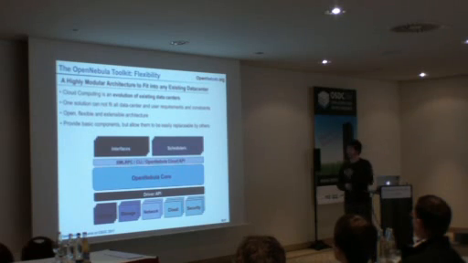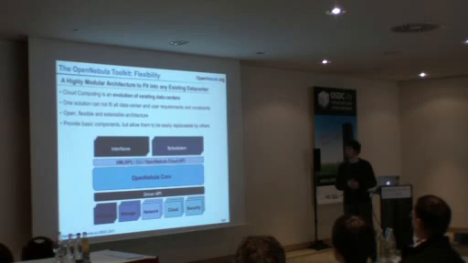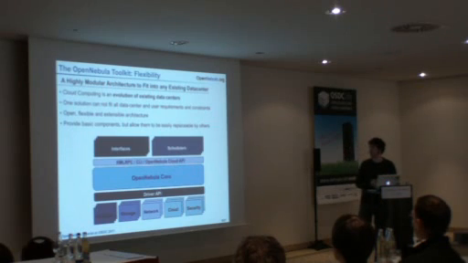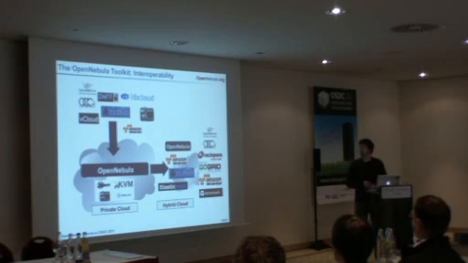Using that XML-RPC API, we also have communication with the scheduler, which is an external process that decides the optimal placement for the virtual machines on top of your physical nodes. And that's more or less the architecture of OpenNebula. We try to abide by as many standards as possible to foster interoperation.